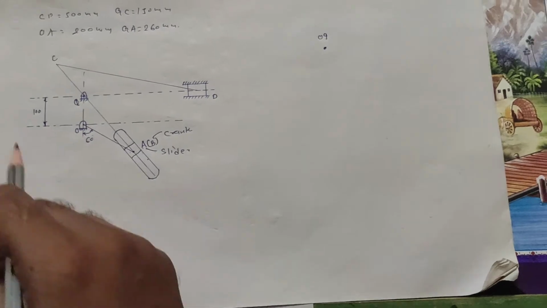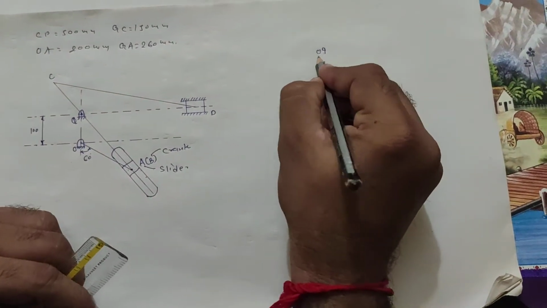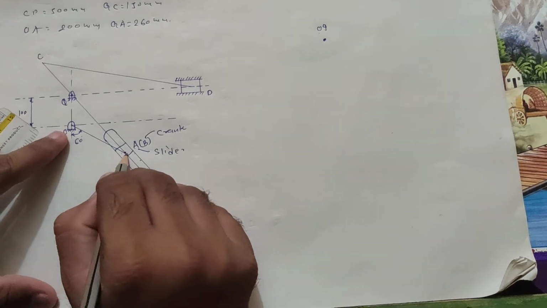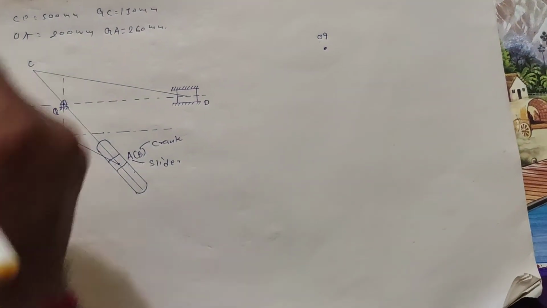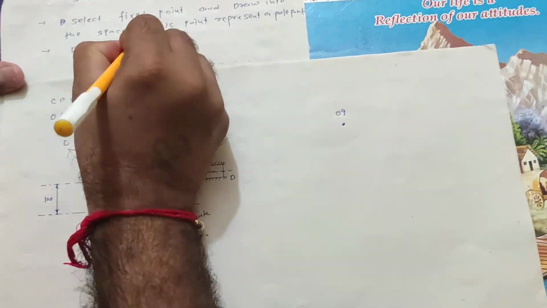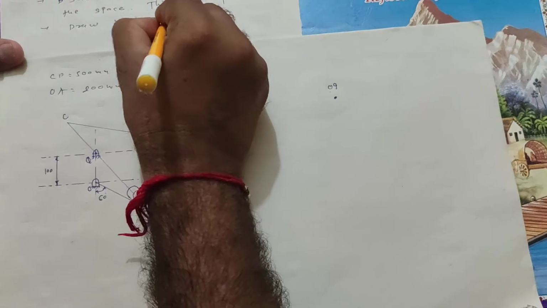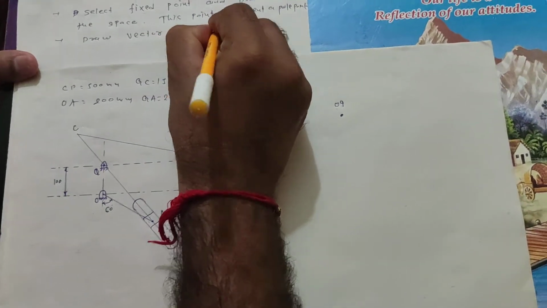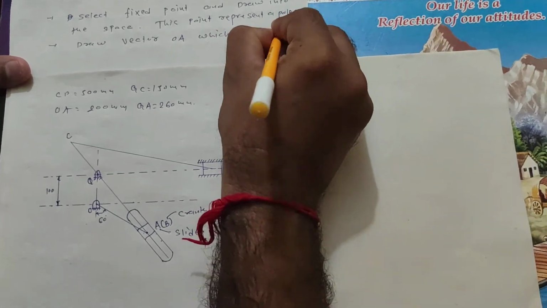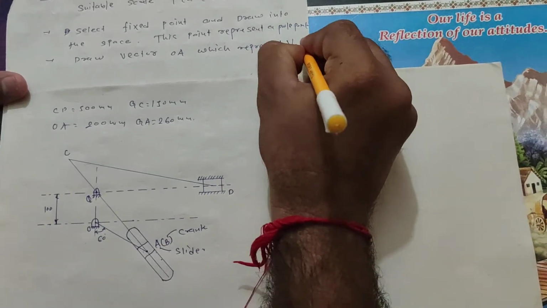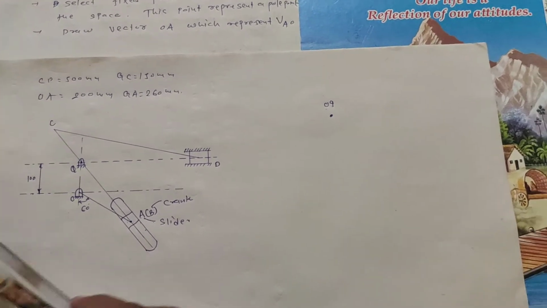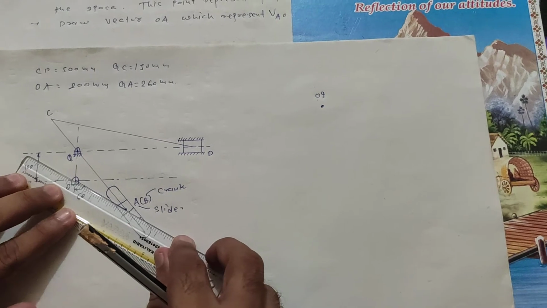First we start from the point O and draw a vector OA which represents the velocity of AO. Clear? This is the line OA.